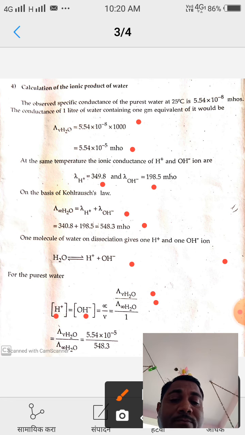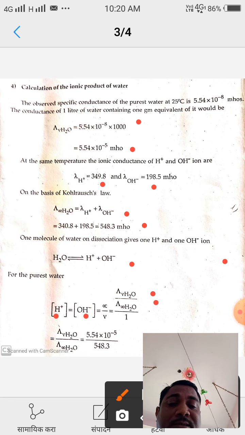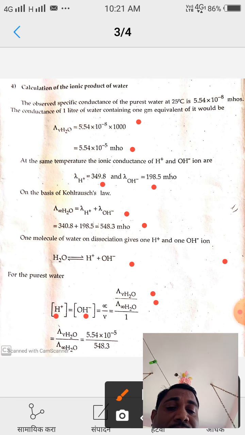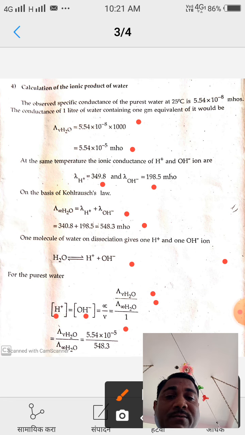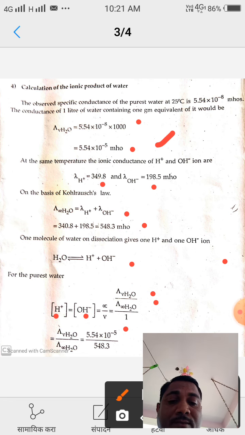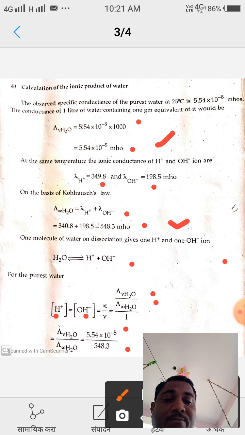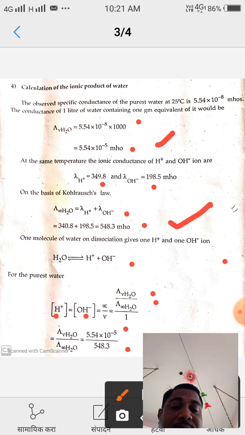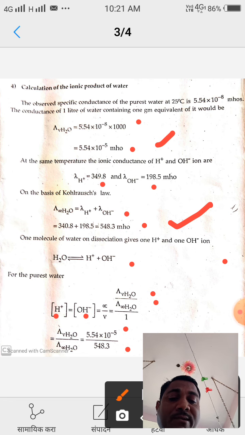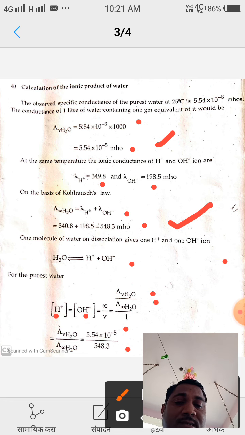The equivalent conductivity of water at a finite volume is 5.54 into 10 raised to power minus 5, which is given, and the equivalent conductivity at infinite dilution is 548.3, which can be calculated by the summation of the ionic conductances of H positive and OH negative ions.